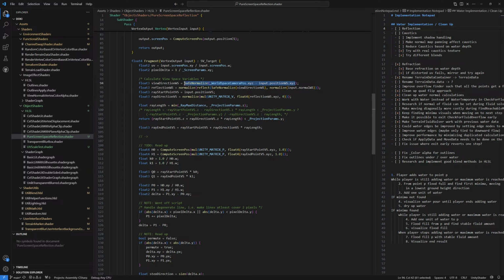Unless... Unless view direction world space. Could it be? Could it be that we want to do this if we want to have this one in?